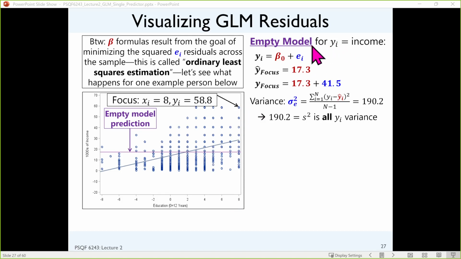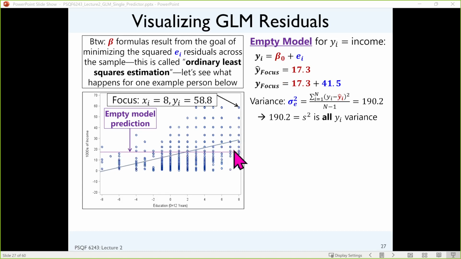So if I start with an empty model, remember the term empty model means no predictors. It's the simplest model, it's the worst model, it's a starting point. So for each person, the model is the same. For this person, I am saying that beta 0, if I know nothing else, my best guess for what any person would get is the mean. So that's given by this flat purple line in the picture here.